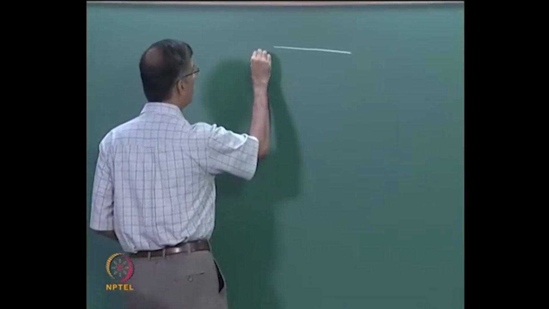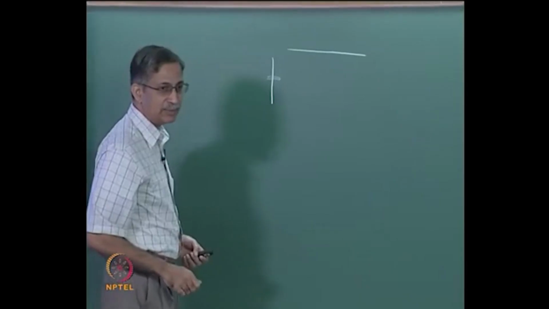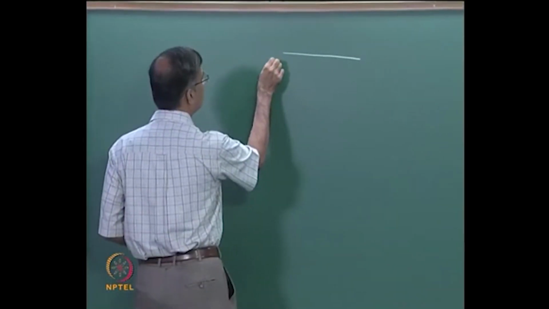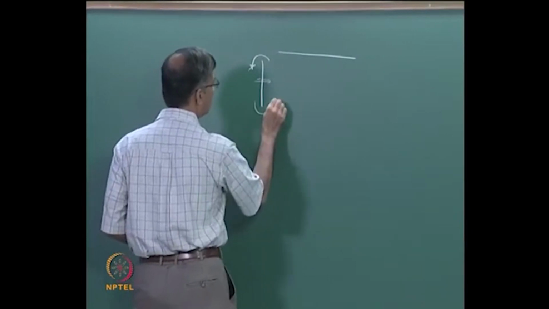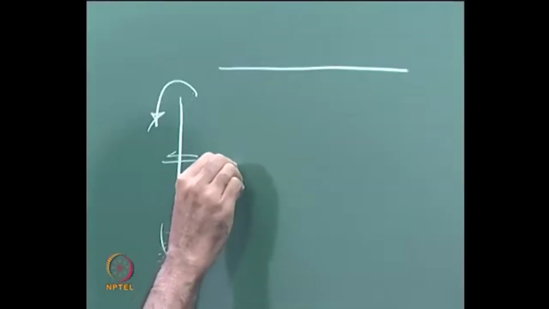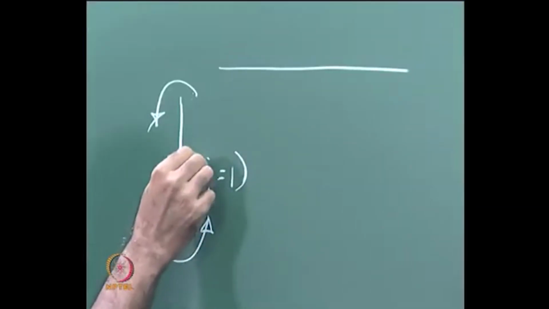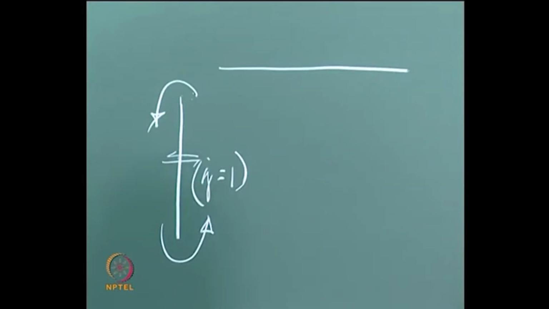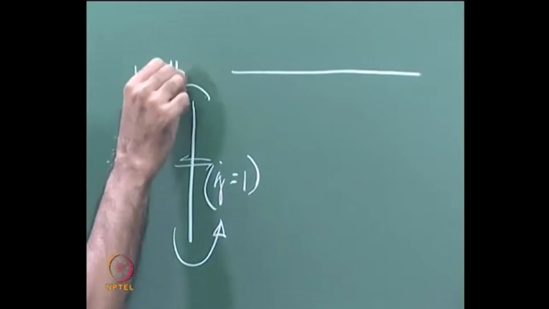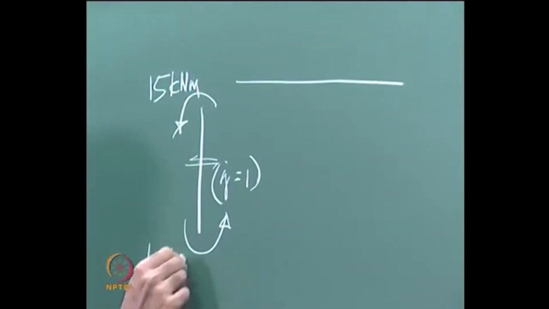So the column moment will be clockwise or anti-clockwise? It will be anti-clockwise, right? This is the top story. So how much was this value? 15. So this was 15 kilonewton meter, this was 15 kilonewton meter.